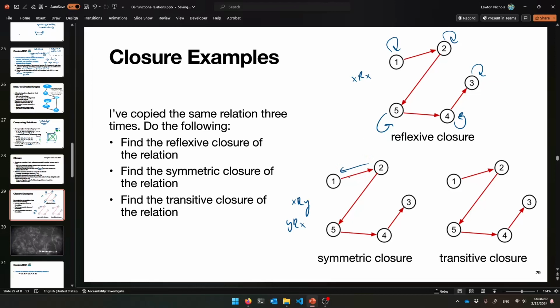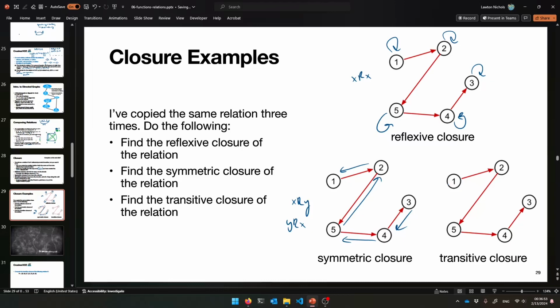If it's not there, I need to add it. Same with this. If I have an arrow from 2 to 5, I better have an arrow from 5 to 2. I better be able to go in the opposite direction. If 2 is related to 5 in that order, then 5 better be related to 2. That's what it means to be symmetric. I need to add all of these arrows, and now it's a symmetric relation. So those two are pretty easy.